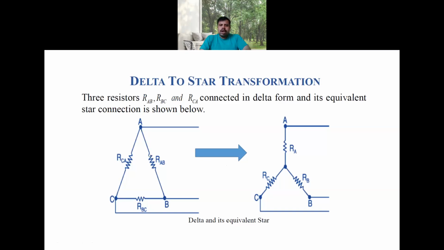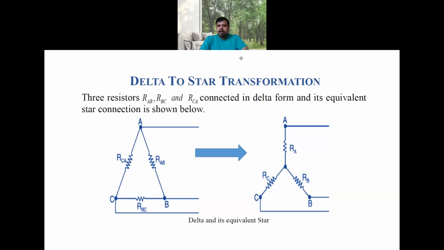So let us assume that these two are equivalent circuits. Equivalent circuits means that between the terminals A, B, and C, whatever is present in the first diagram will be equivalent to the second diagram.